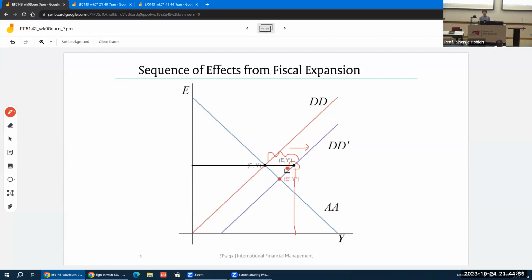So we have to move toward the AA curve, but as Y goes this way, E is going to get stronger still. So in the end, we are at this point here. So this is the full potential, and this is the actual output. And this point is the starting point.